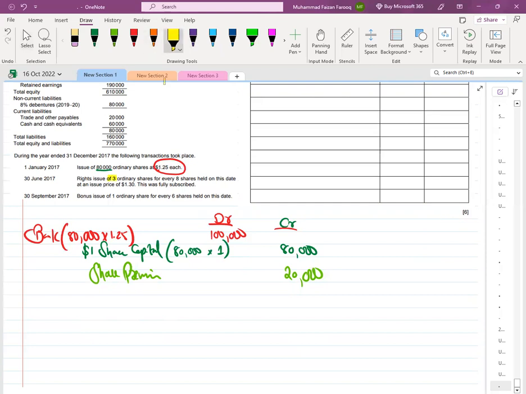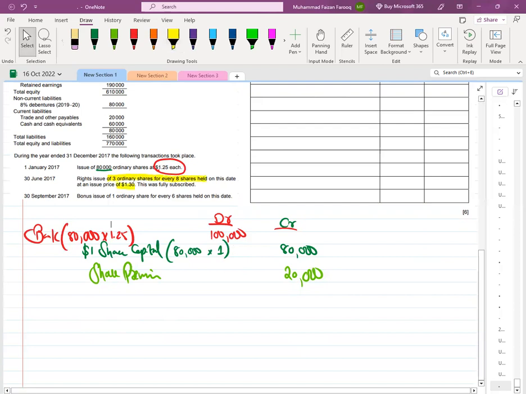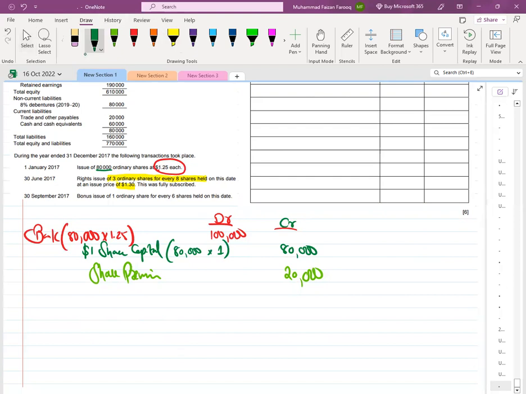Right issue of 3 ordinary shares for every 8 held, at a price of 1.3, which means the company is issuing 3 right shares for every 8 shares held. So how to do that?